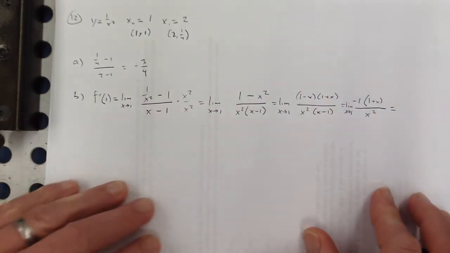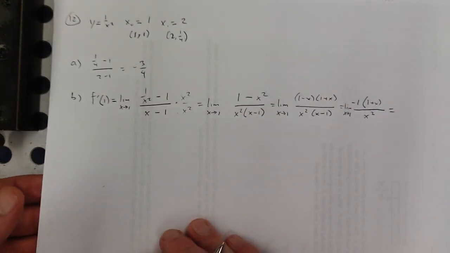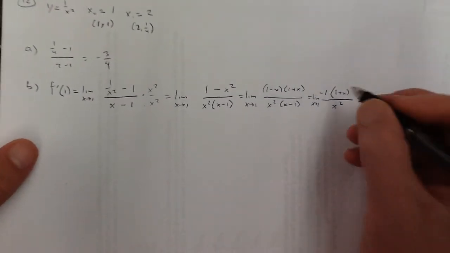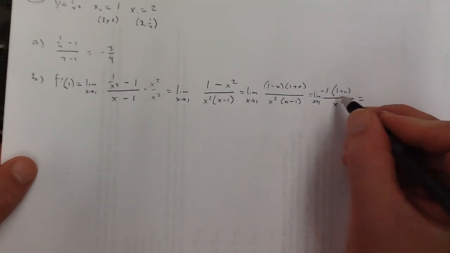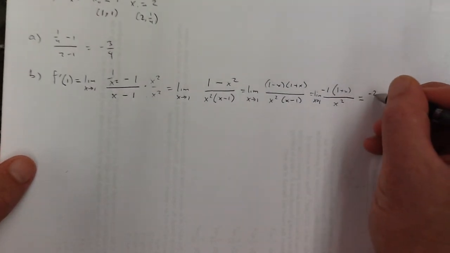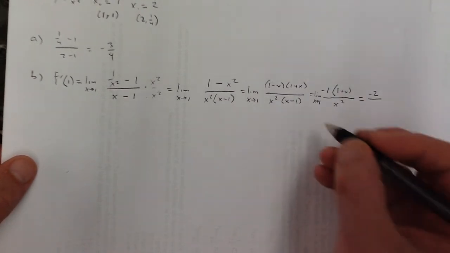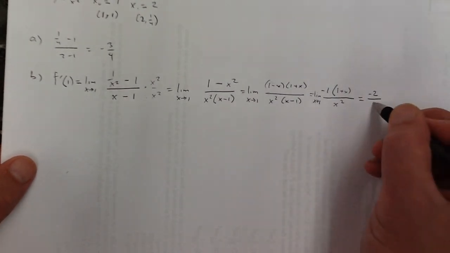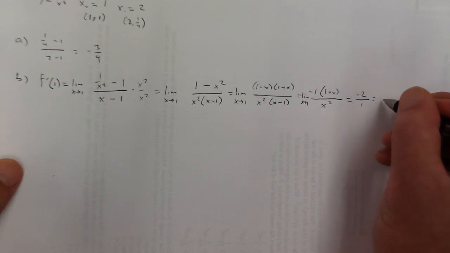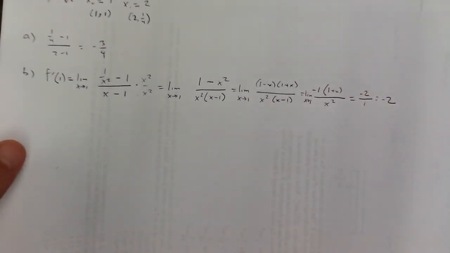And now I should be able to plug in my 1. So I got negative 1 times 1 plus 1 over 1 squared. So it looks like I'm just getting negative 2 there for the slope.